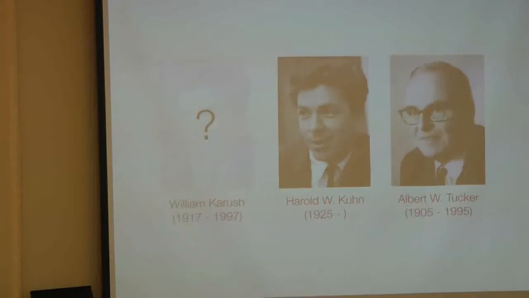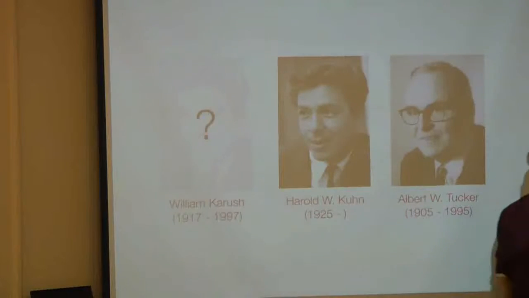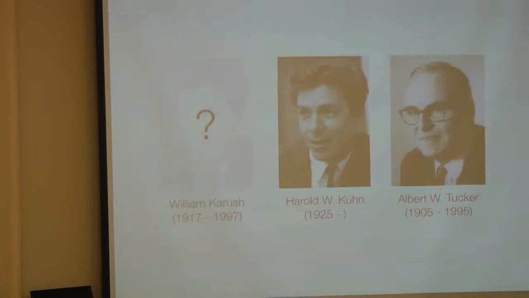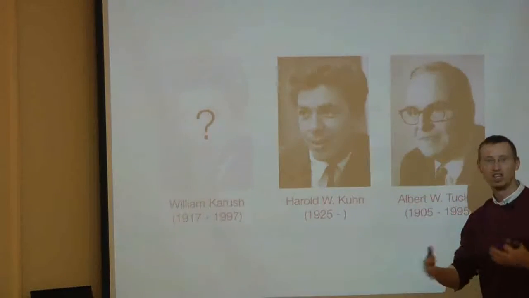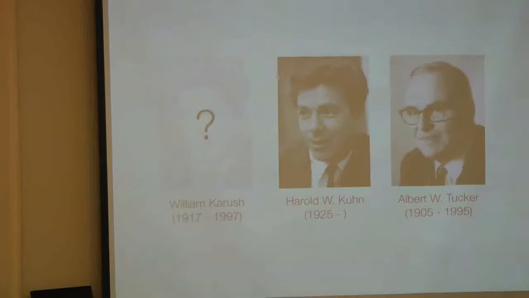These two gentlemen published a breakthrough paper which showed how to solve optimization problems with inequality constraints. And everybody started to call this procedure the Kuhn-Tucker conditions, which allow us to solve the optimization problem. So that was in the 50s or 60s.